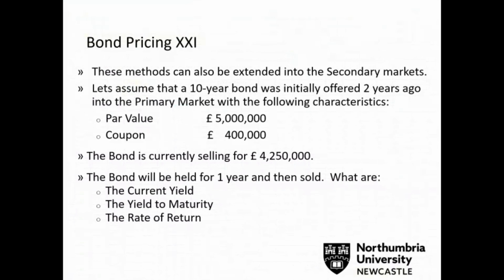And within this lecture, there's another written example from the secondary market here. So we have an example where it was a 10-year bond, but we're approaching this with only 8 years left. So you're buying this bond in the second year, but you're only wanting to hold it for 1 year.